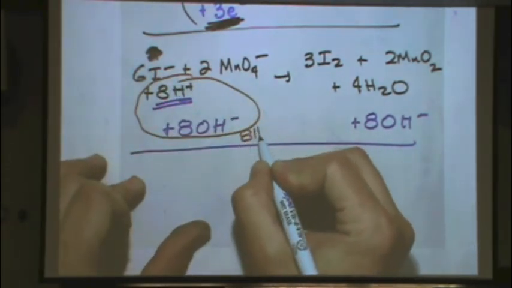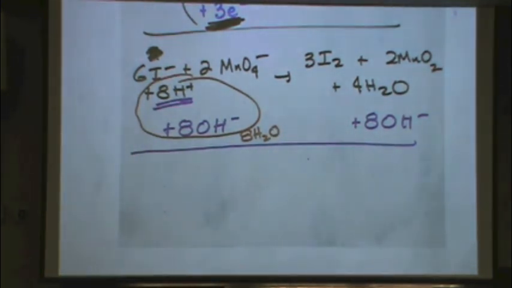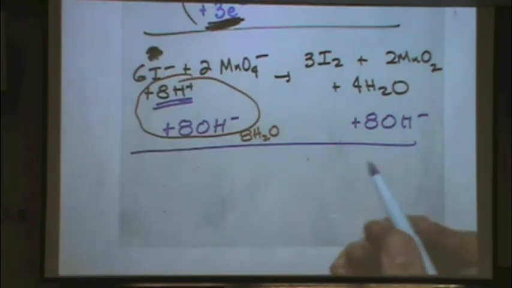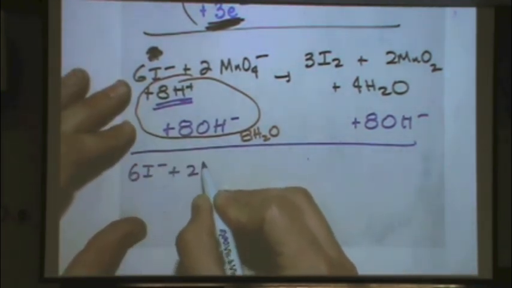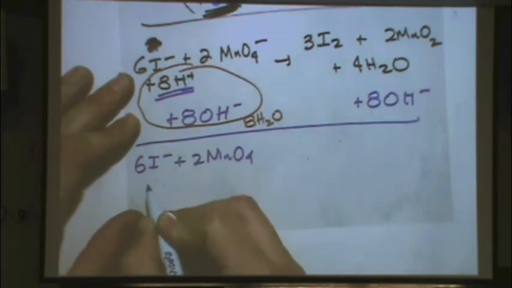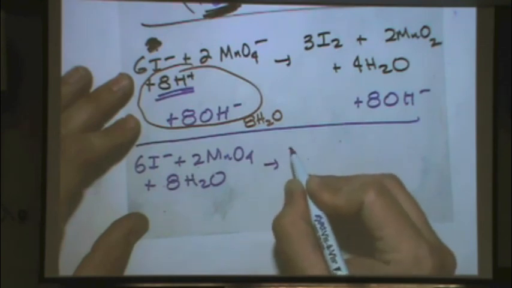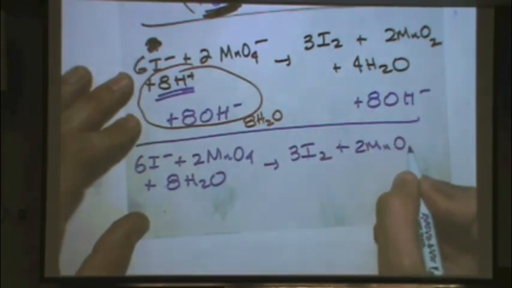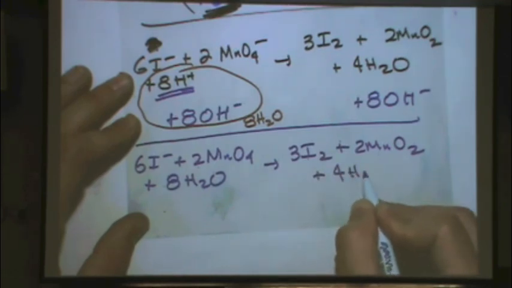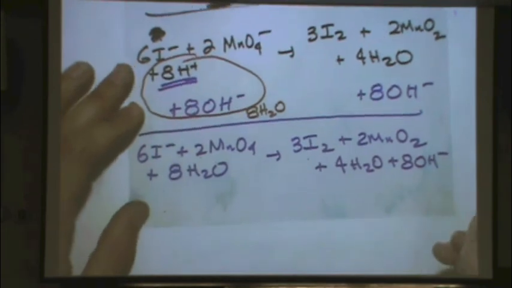Yeah, please don't say 16. Forms 8 waters. Okay? And then now let's just write it out. This is 6I minus plus 2 permanganates plus now 8 H2O goes to 3I2 plus 2 manganese 4 oxide plus 4 waters plus 8 hydroxide ions.